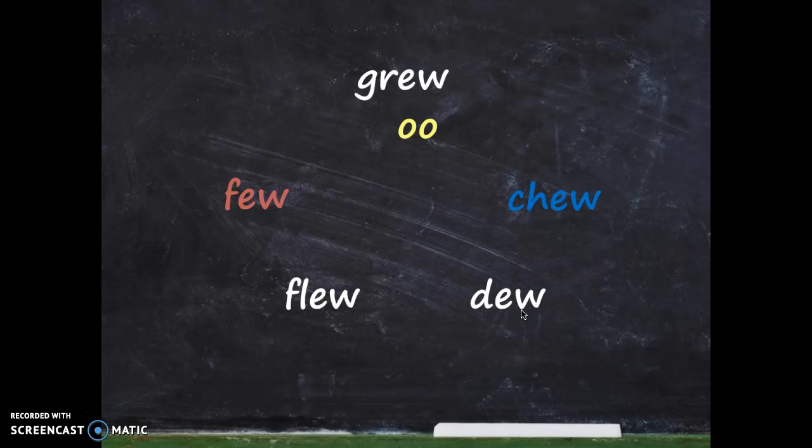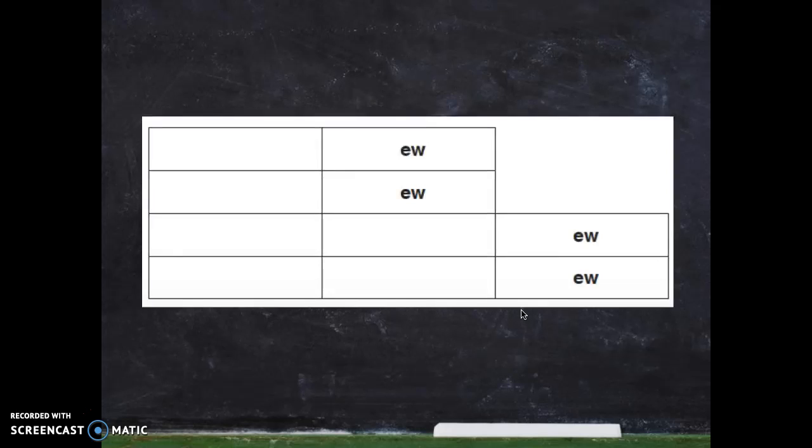Flew and do. Do these words have the same vowel sound or different vowel sound? If you said they have the same vowel sound, you are right. They are both spelled EW and they both make the OO sound. Flew and do. Great work.